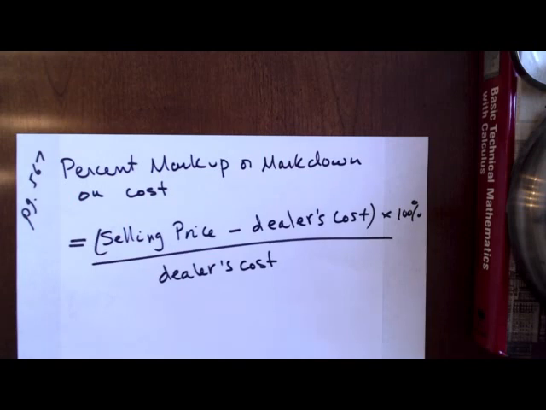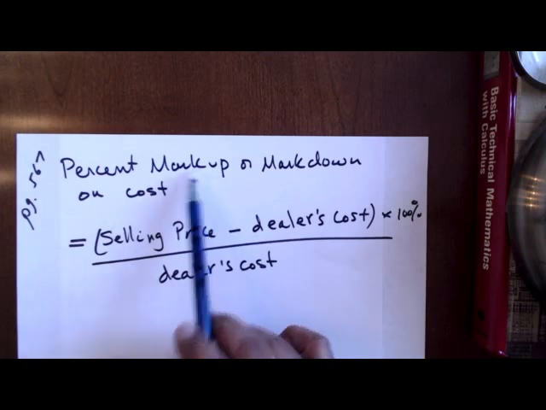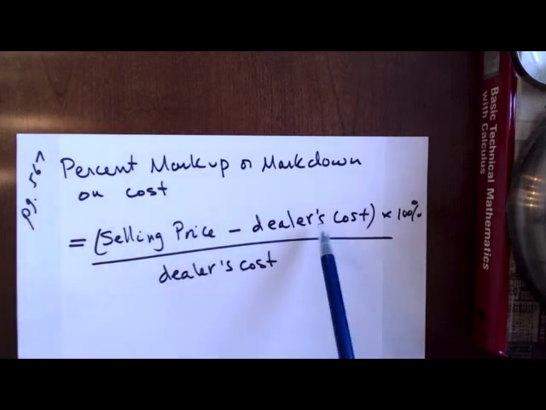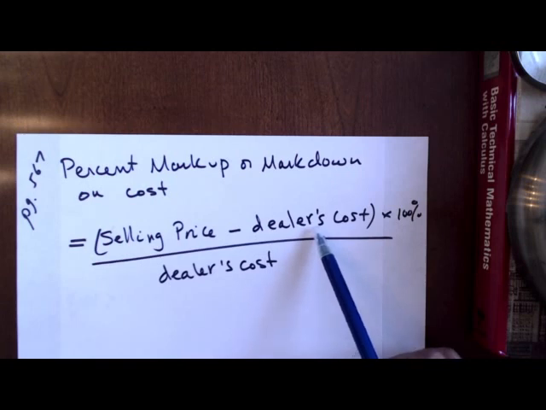Now, in some cases, the markup, again, is going to be a positive number, right? This means that you have a dealer's price. Let's say that you have something that you're going to sell for $20, and you're going to mark it up.